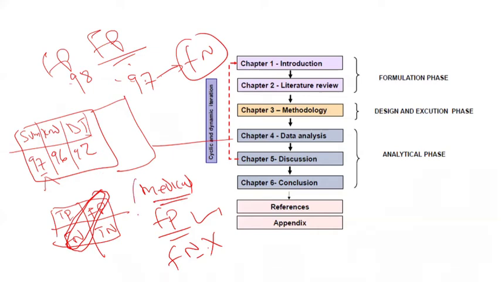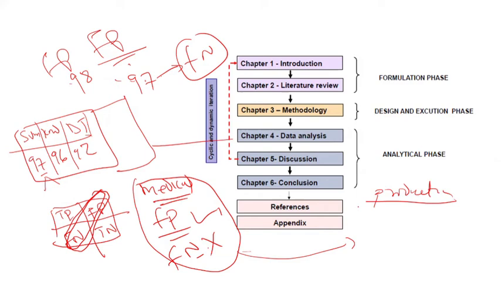You'll be surprised that for the same analysis, if we are developing an application for a production company that produces products and sends them to their customers, the opposite is going to be the case. In this case, false positive is not acceptable. False negative is welcome as a mistake.